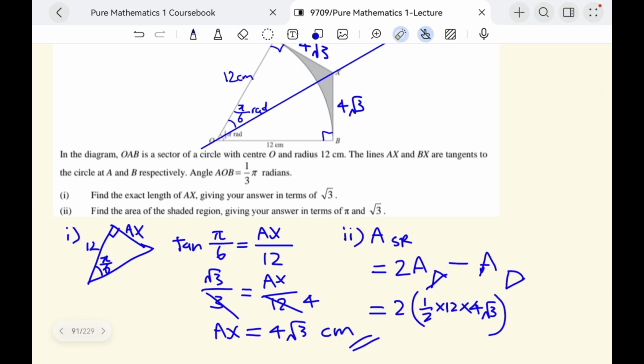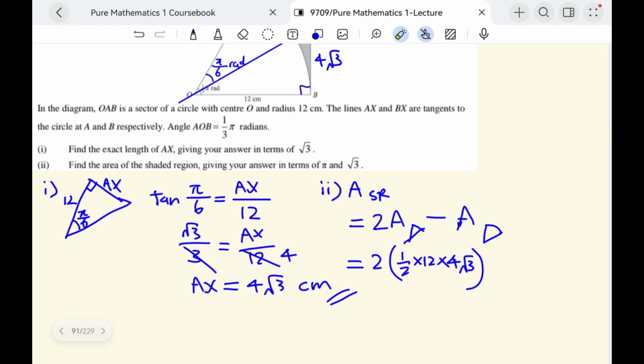Given that the area of the shaded region must be in terms of pi and root 3, which the examiners expect from candidates, deduct away the area of the sector, which is half. What is r squared? 12 squared, and pi over 3.